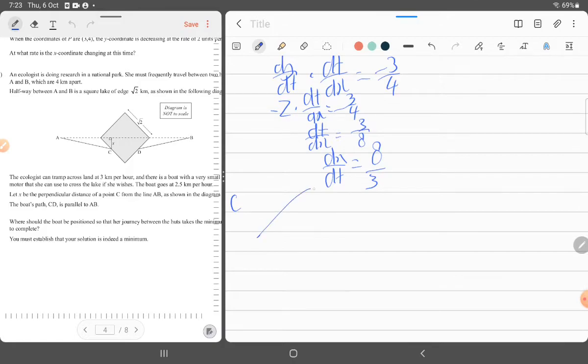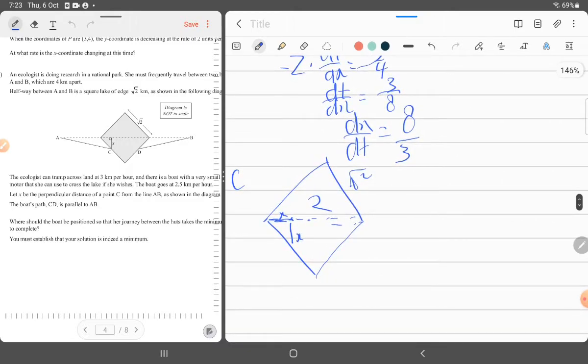So, if this distance is x, then this distance is also x. And if this is square root of 2, then this whole distance is 2.